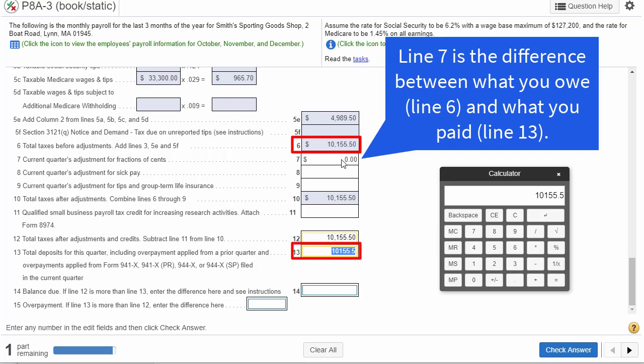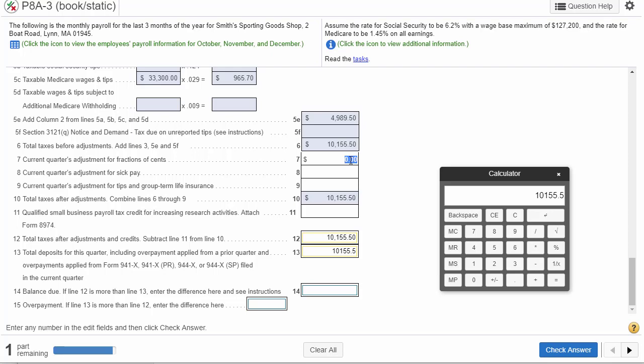Now this problem, it just happened to be the same. There were no rounding differences, so it's 0. But there will usually be a penny or two off. But you really don't need to worry about it in this problem because it auto-calculates it for you, because apparently the publishers of this edition didn't think you could handle it. In previous editions, we had to enter and calculate that number ourselves.